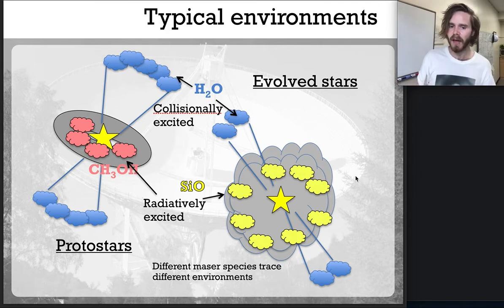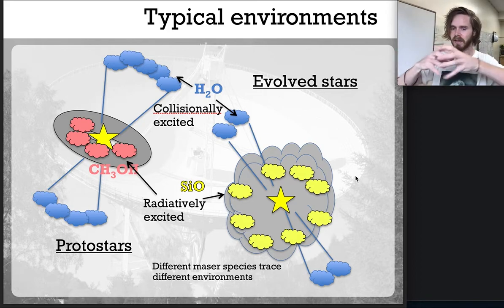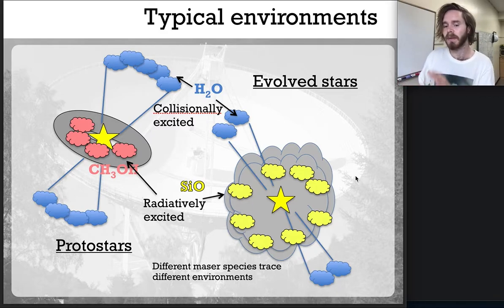In the case of SiO masers, these are also radiatively excited instead of collisionally. They are typically found in the shells of evolved stars. As a star approaches its death, it starts to have mass loss ejections where it produces shells of material around the star. In those layers, you typically get the necessary temperature, density, and so on for the SiO masers to be produced.